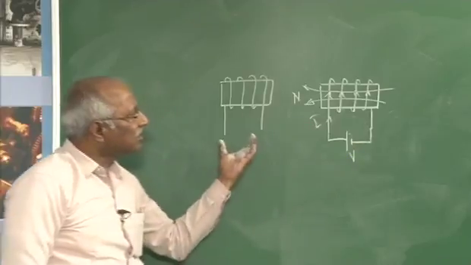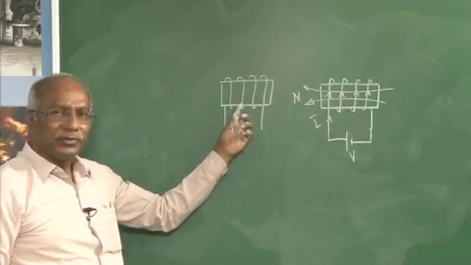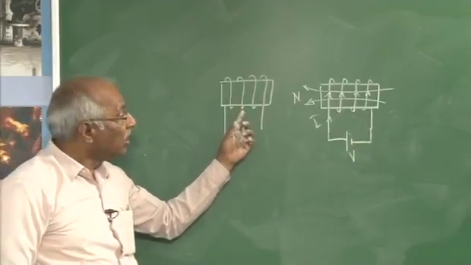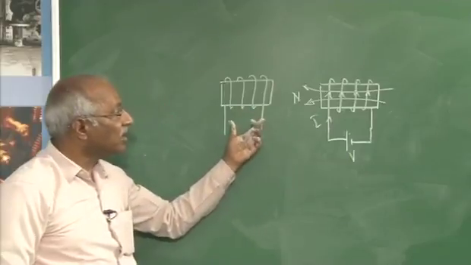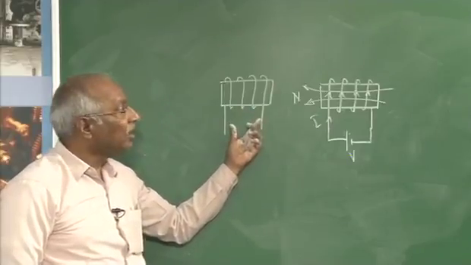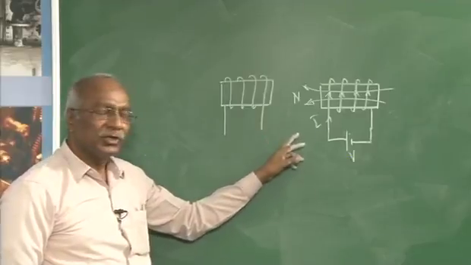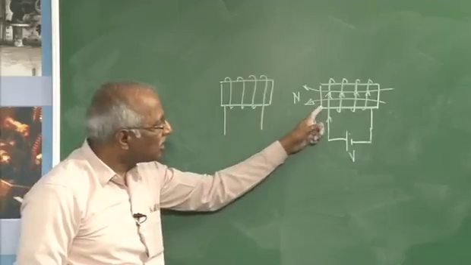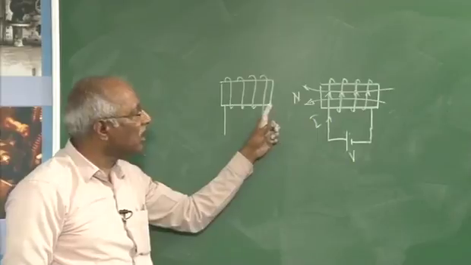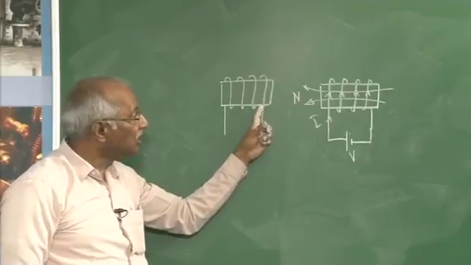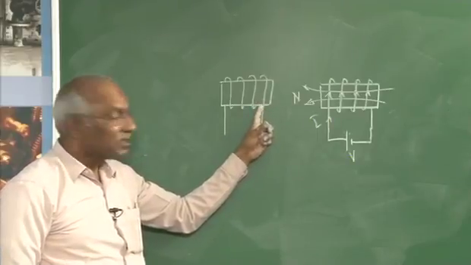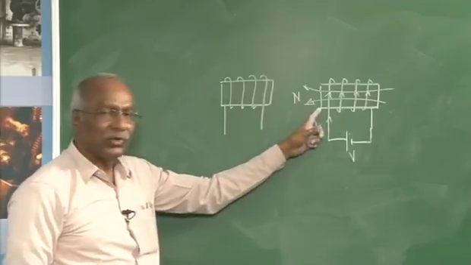When I move the magnet suddenly this way, there will be an induced EMF. In that respect, what will be the direction of the induced EMF? Now Lenz's law comes into the picture. Since the magnet is coming towards this coil, this should establish a current such that this movement is opposed.